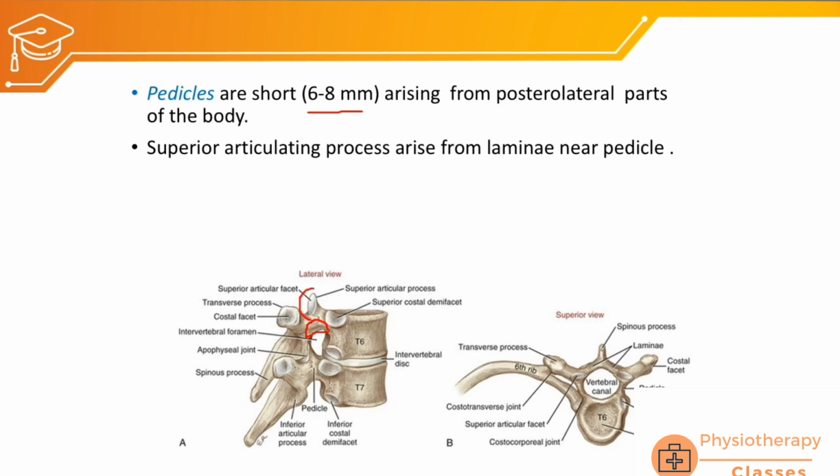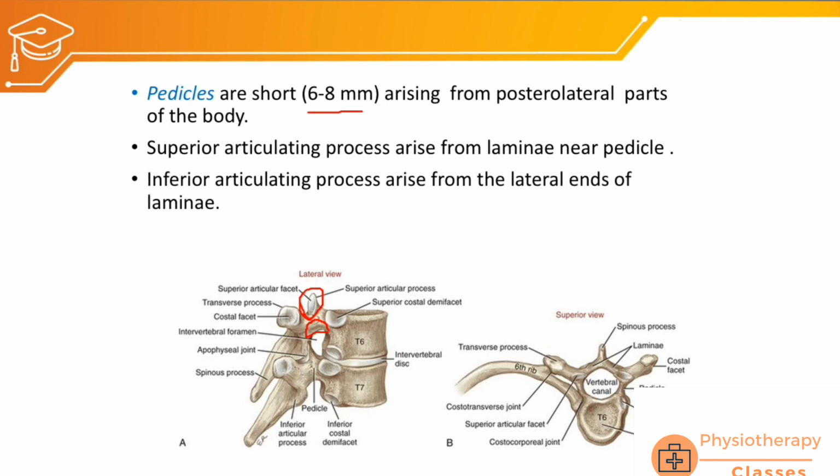So these are the superior articulating facets. This superior articulating facet articulates with the inferior articulating facet of the upper vertebra to form the facet joint.